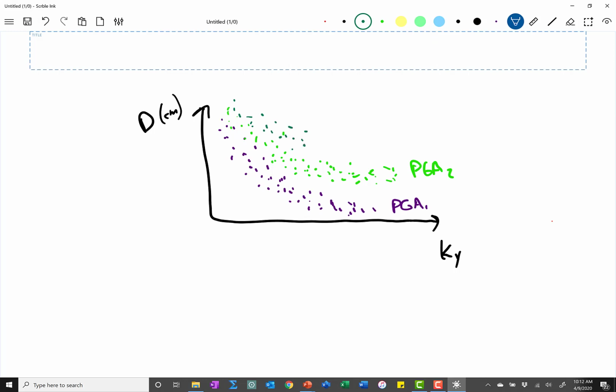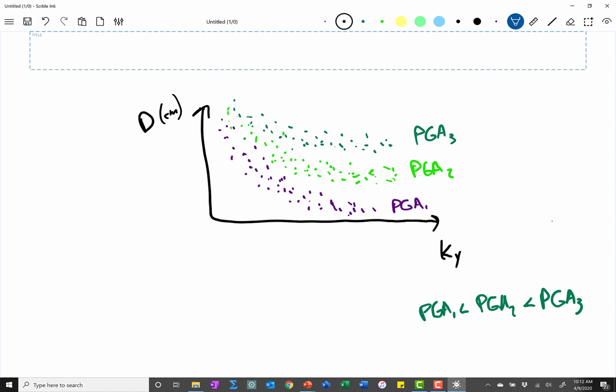So they came up with all these family of plots and data. So that might be PGA 3, where PGA 1 is less than PGA 2 is less than PGA 3.